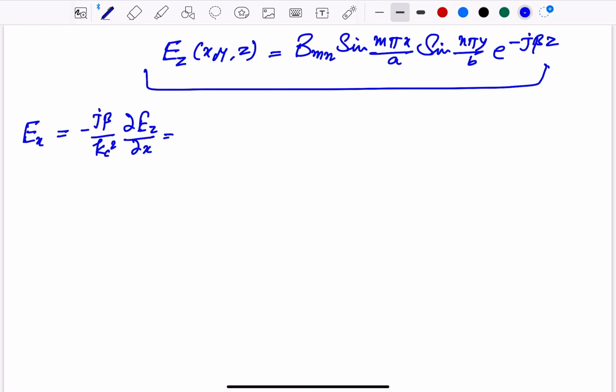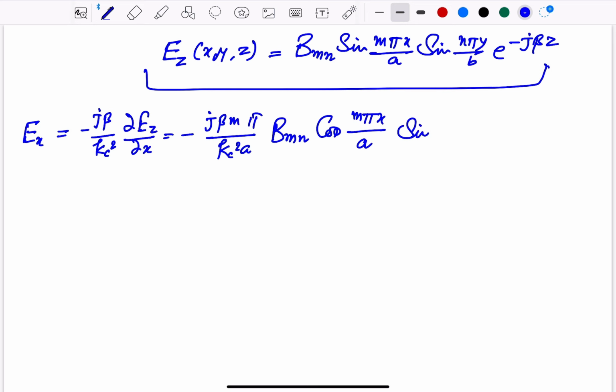I'm not writing x, y, z all the time; it is understood that Ex is a function of x, y and z completely. If you solve this, you will get minus j beta m pi over kc square a Bmn cos(m pi x over a) sine(n pi y over b) e to the power j beta z. Please differentiate and try to match this equation.